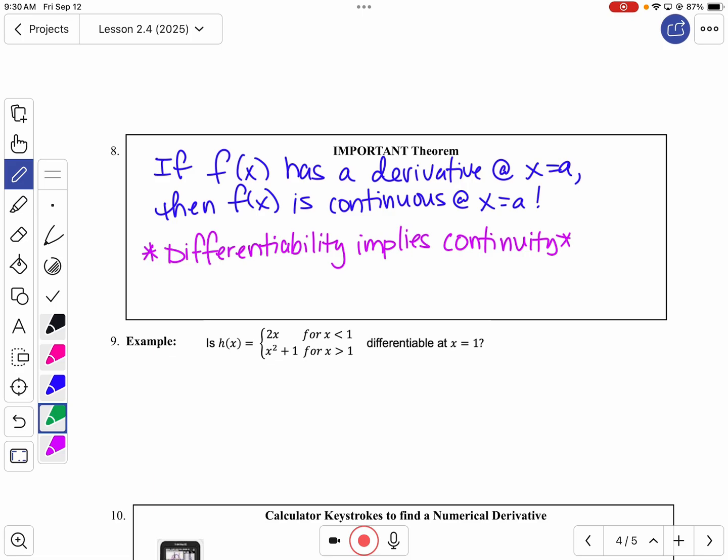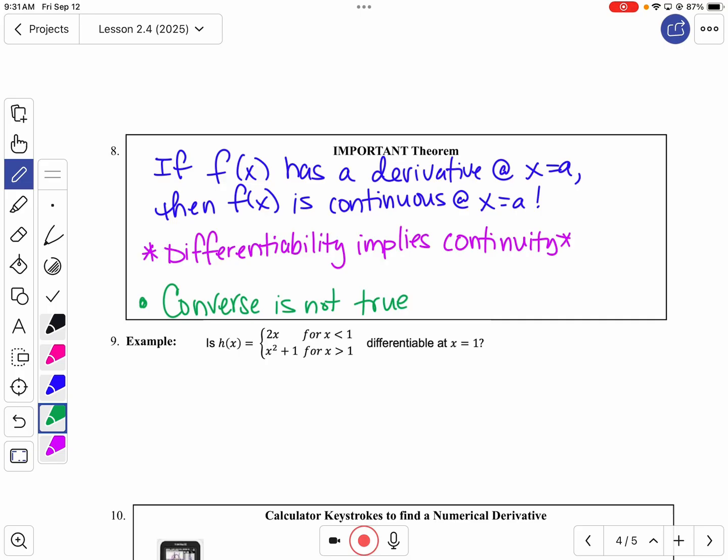Now, the thing that gets people is the converse is not true. Just because something is continuous doesn't mean it's differentiable, that there's a derivative. Think about your absolute value. It's continuous, but is it differentiable everywhere? It's not.